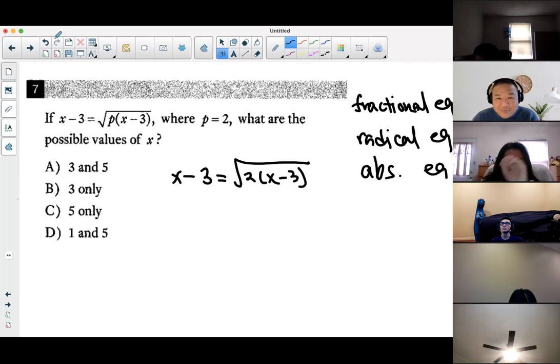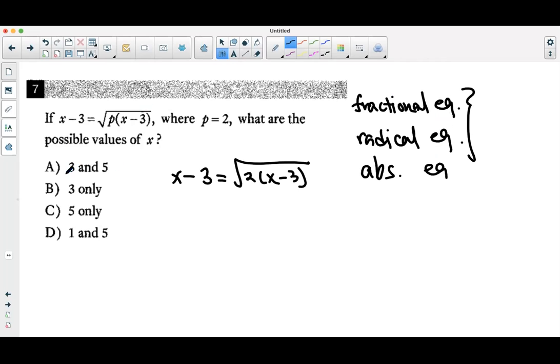Why don't we just check it from the beginning? As you can see in College Board SAT, usually we only have a few choices to check anyway. So from the beginning, just check it. And that is true for these 3 kinds of equations: fractional, radical, and absolute value equations. Is that clear, guys? If they are multiple choice questions, my approach for you in this type of question is just plug in 3, 5, and 1. That's it. Is that clear, guys?